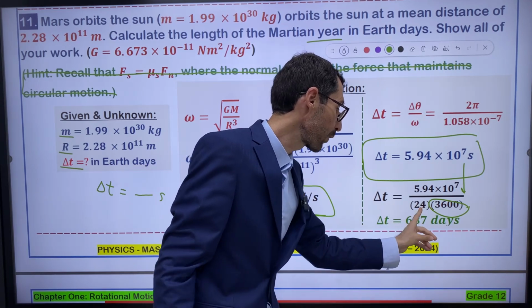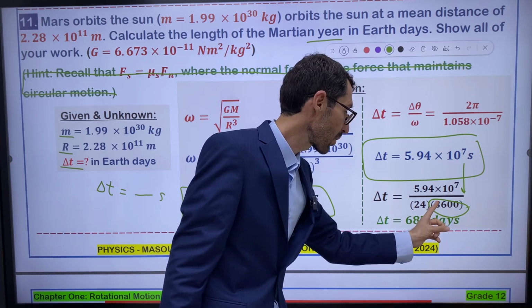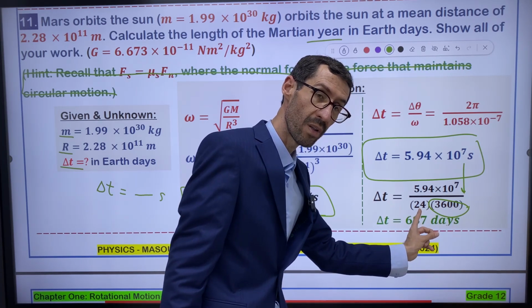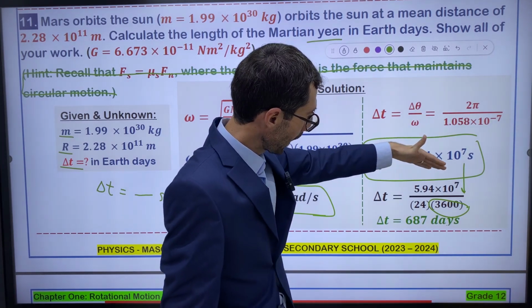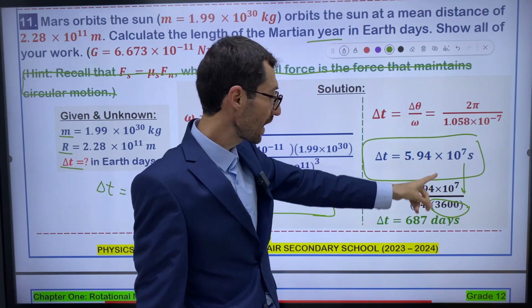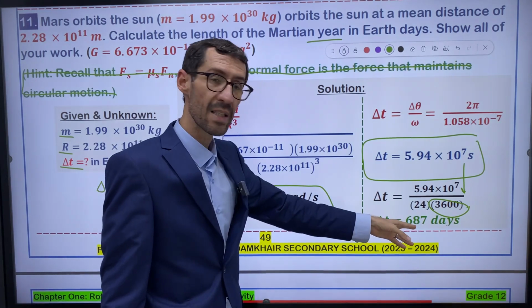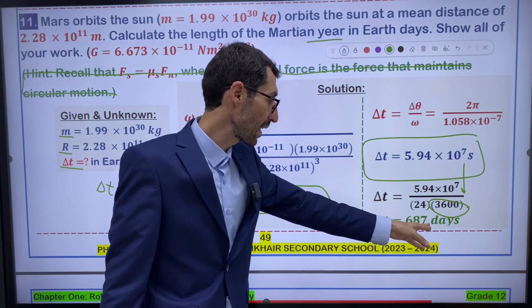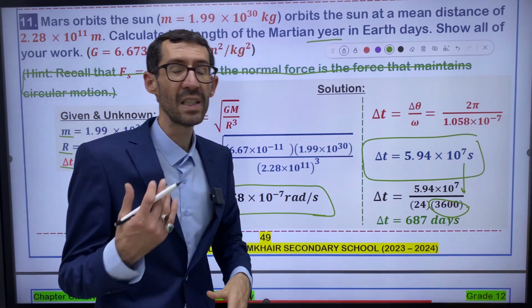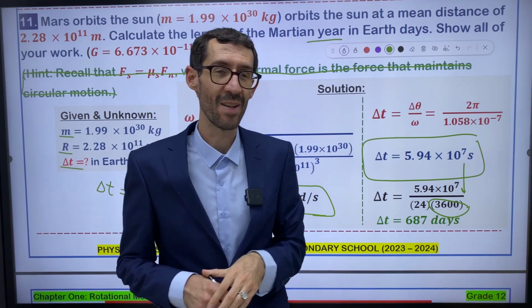So you have to multiply this number, 3,600, by 24. After that, you divide the delta t in seconds by the denominator, and you find this number, 687 days. So 1 year of Mars is equivalent to 687 days.